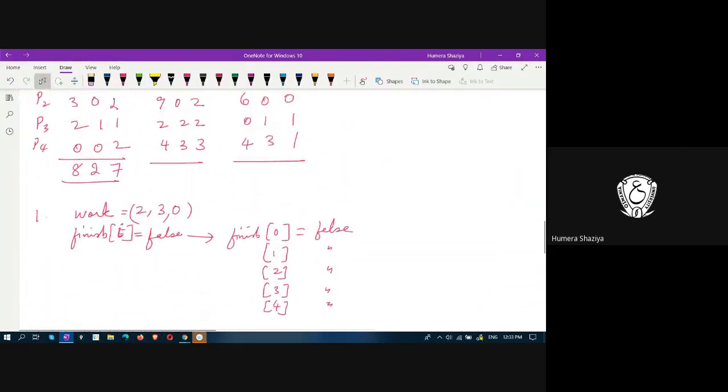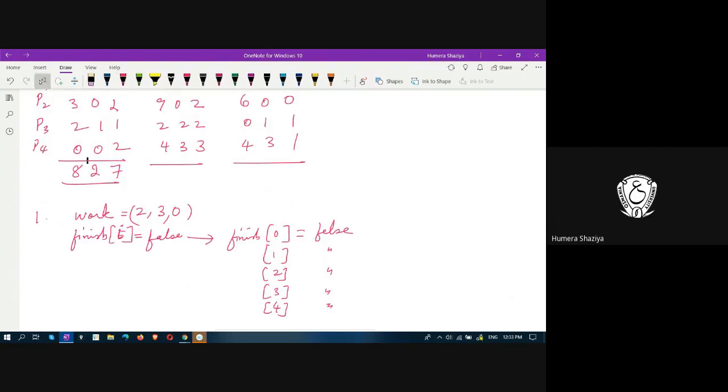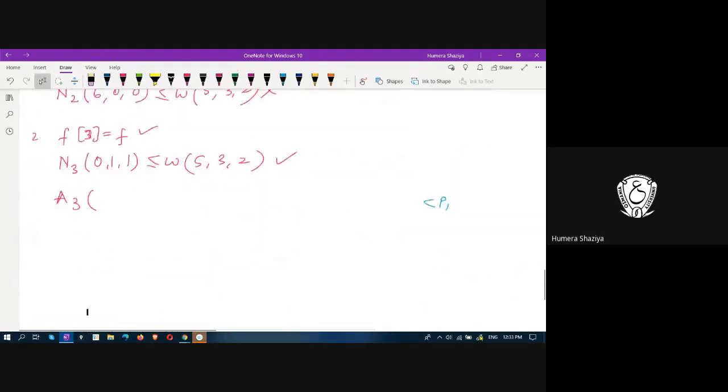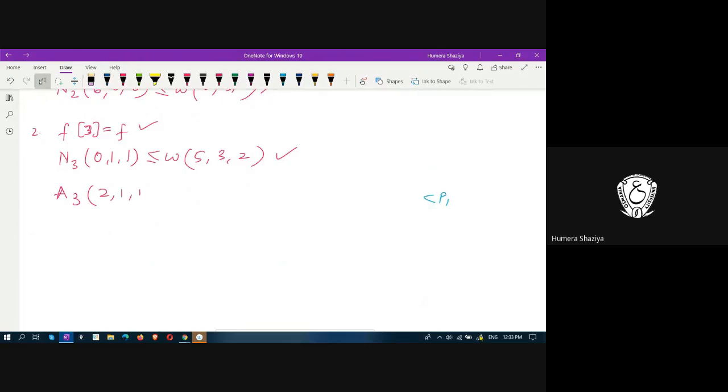Allocated is 2 1 1. So 2 1 1 plus work, which is 5 3 2, now work is equal to 7 4 3. Here P1 was finished first, and now P3 has finished.